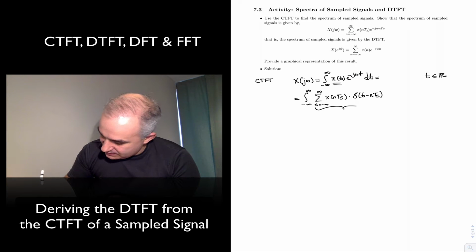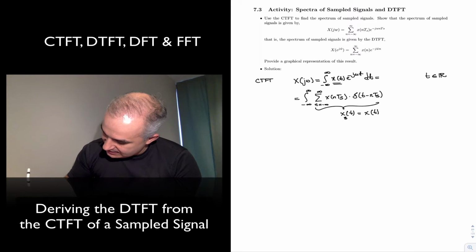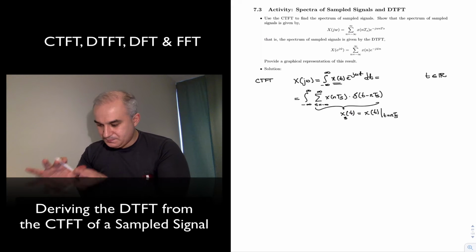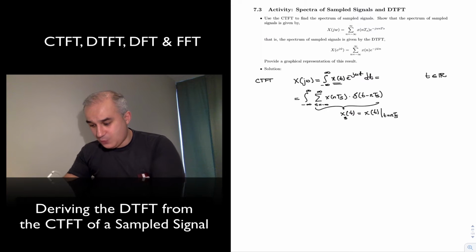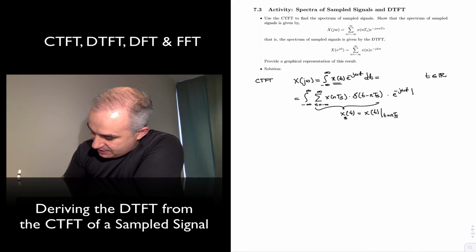And this, by the way, is our x of t sampled, which is x of t evaluated at t equals nTs. Just check the previous video if you don't understand why x of t of a sampled signal can be modeled like this. And then this is times e to the minus j omega t dt.